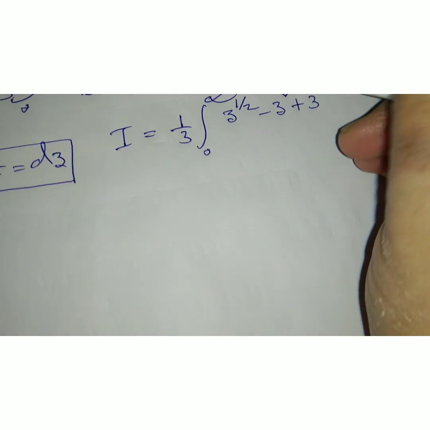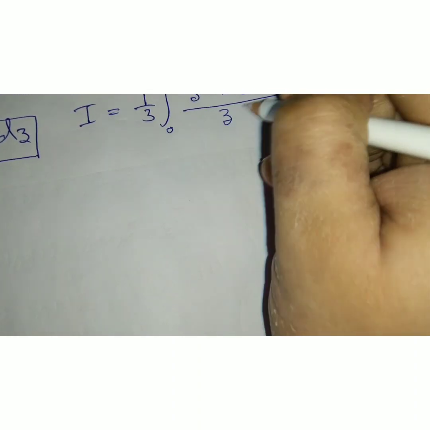So I get this value: 3 into z to the power 3 by 2 minus 3z divided by z plus 1 into dz. How do I get it? Just simplifications.